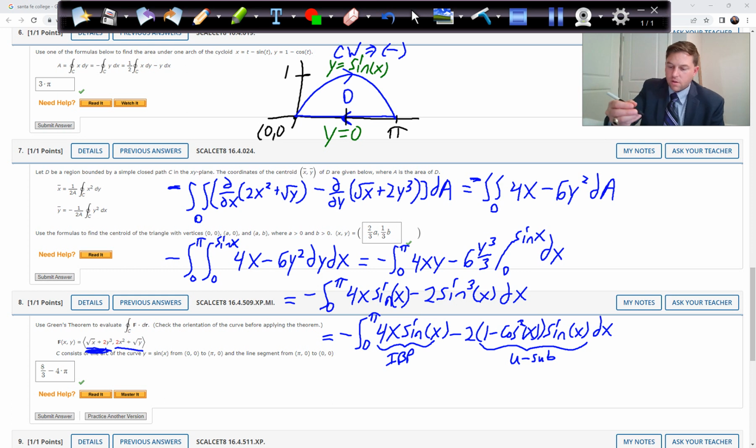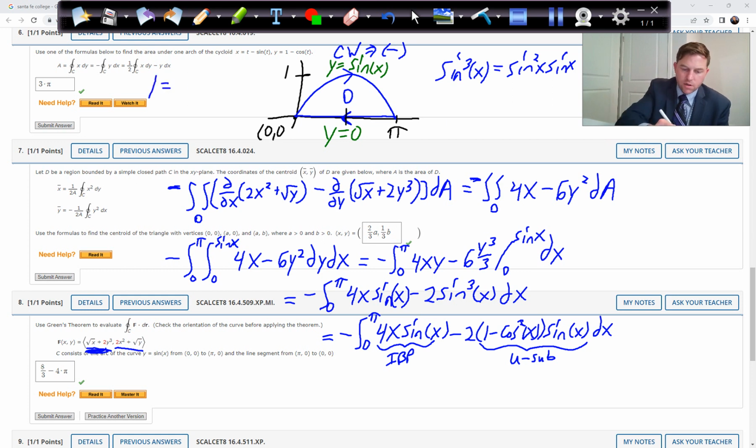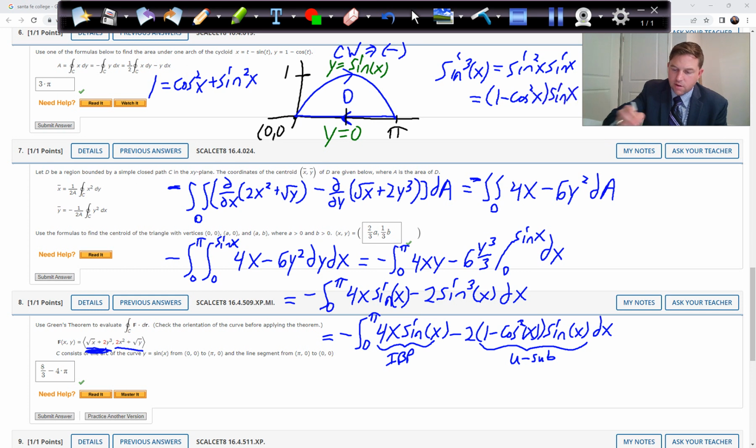Well, how did I get that? First off, we can write sine cubed as sine squared times sine. But sine squared x, using this formula here, 1 equals cosine squared x plus sine squared x, you can subtract cosine squared from both sides, and you get that this is equal to 1 minus cosine squared x times that sine that we had factored out.